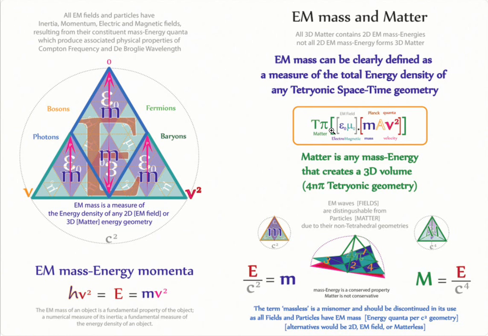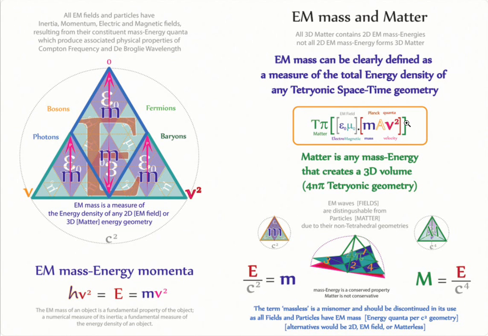We're now showing the relationship between mass, energy, momenta, and geometry with the unified field equation. And we're showing that externally it's the net geometry that determines whether it's matter or mass that is formed. So as we state here, electromagnetic mass is clearly defined to be the measure of the total energy density of any coordinate system or space-time geometry.